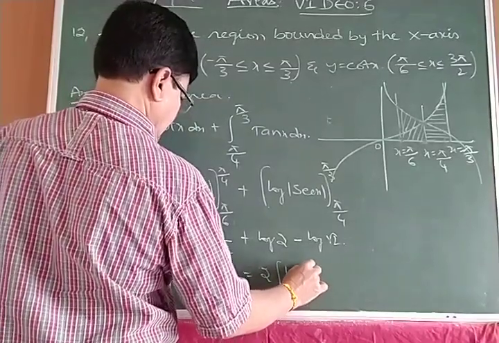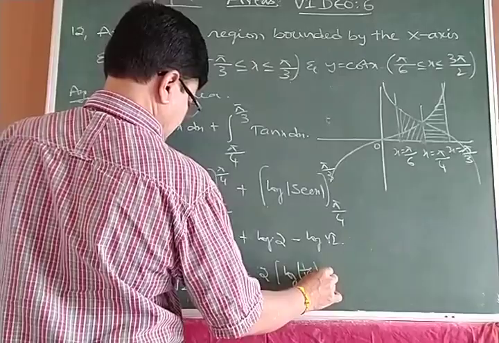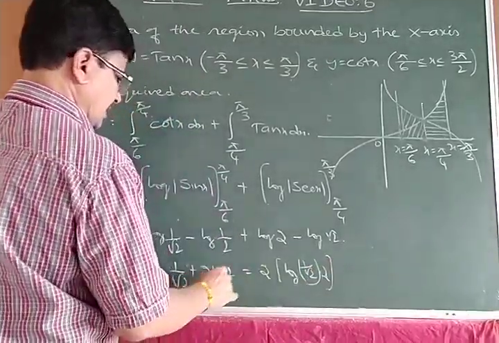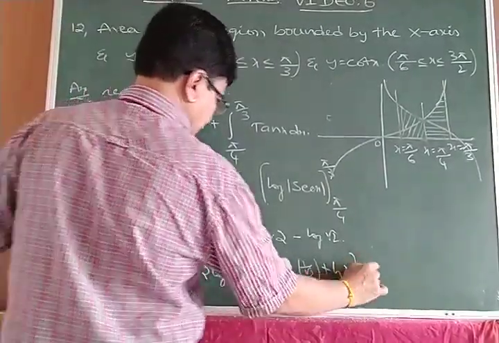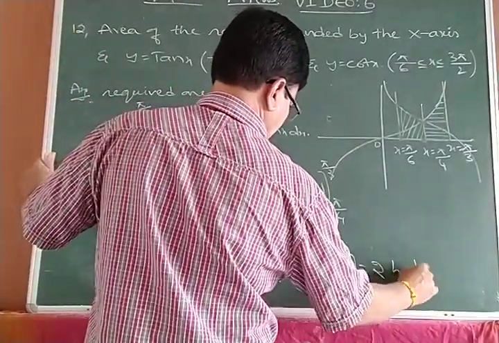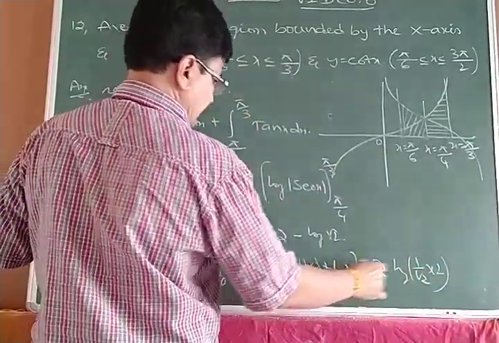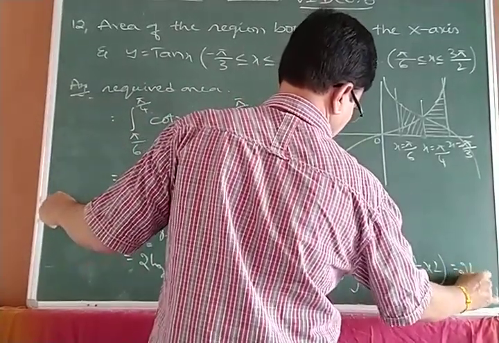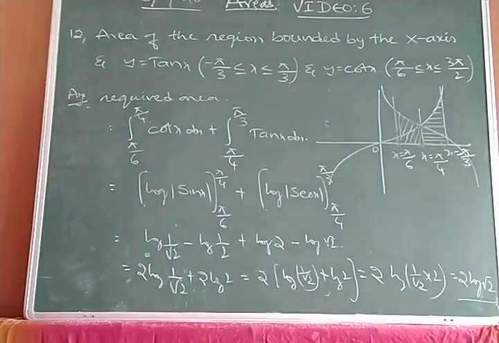Using log m plus log n is log mn, this is root 2. 2 log root 2 is the answer. That is the required area.